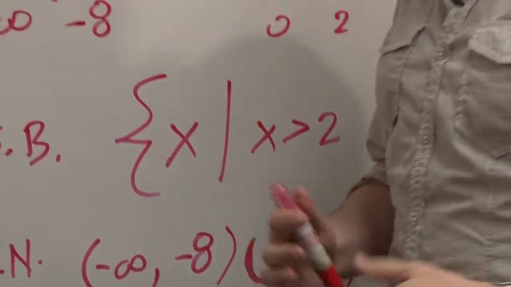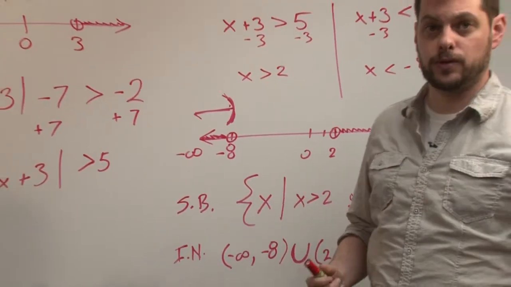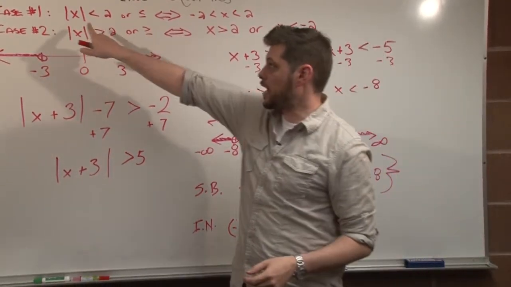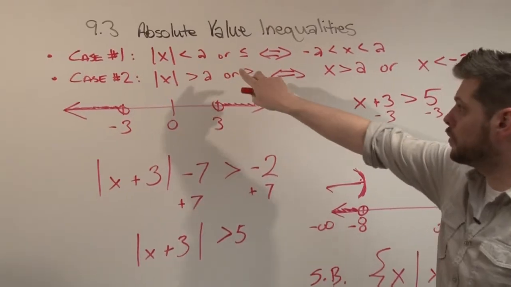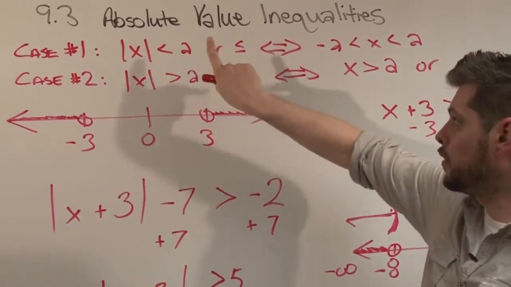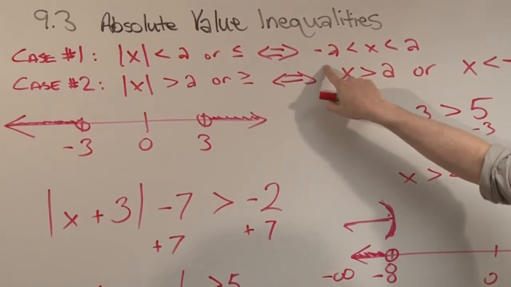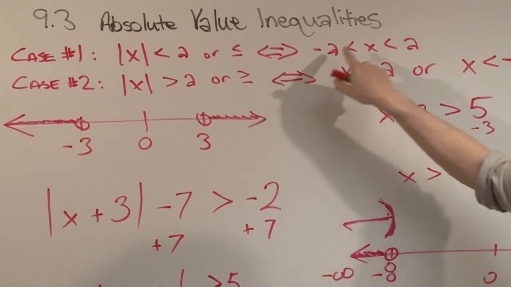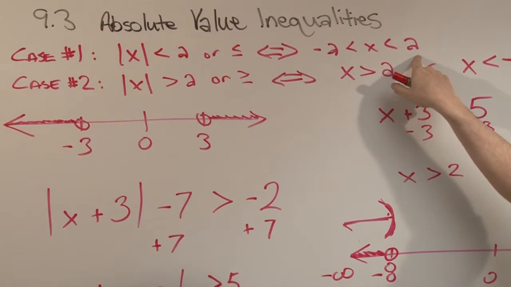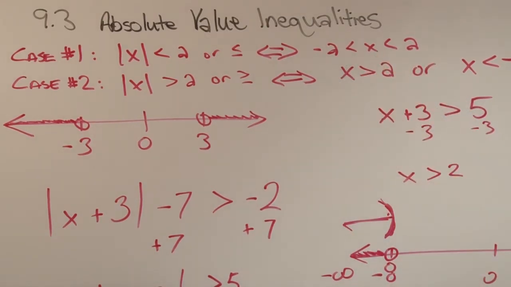So again, just to sum up, with absolute value inequalities, we have two cases. We have cases where the absolute value quantity is less than A, or it could be less than or equal to. In either one, we rewrite it as the quantity is between negative A and A. That's the first case. And then we solve for whatever the quantity is.